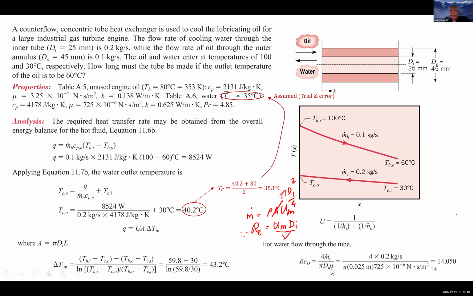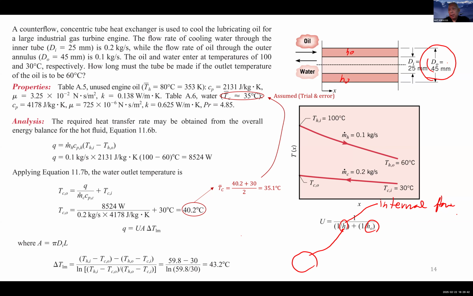Because the flow is outside the inner tube, but it's inside the outer tube. Once again, let me repeat myself. HO is the convective heat transfer of the flow outside the inner tube. However, the flow itself is not the external flow. It's still the internal flow. It's the flow inside the annulus, because if you look at the cross section, the flow is inside.